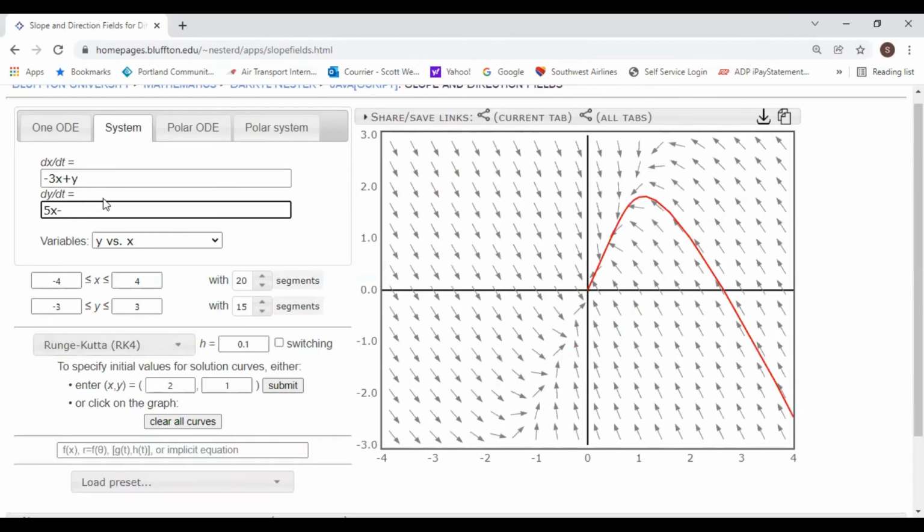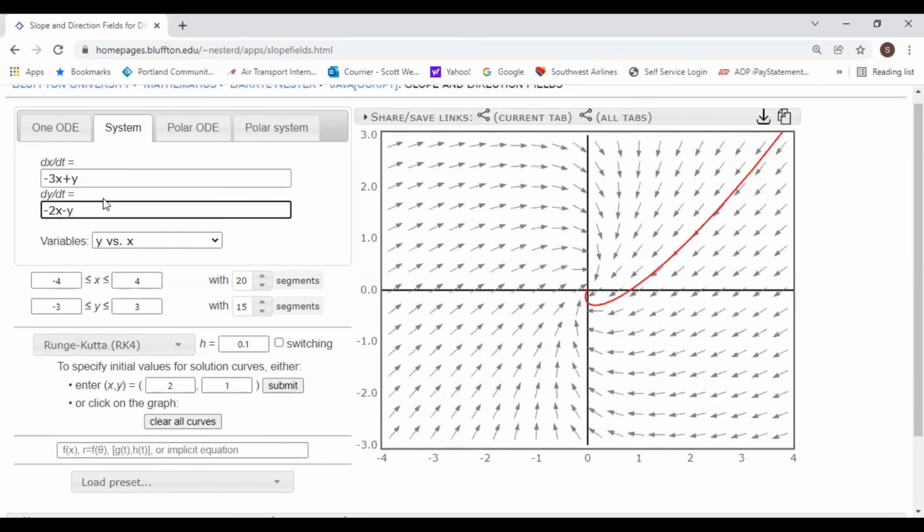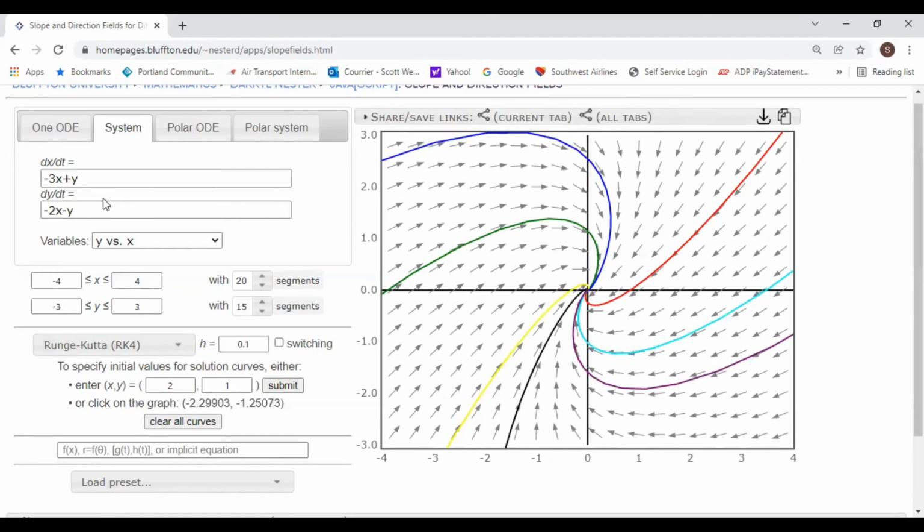And then the second equation was -2, -1, so -2x minus y. Okay, so this one is supposed to be a spiral sink. And you'll notice, sure enough, wherever it starts, it ends up draining down at the origin like a sink.